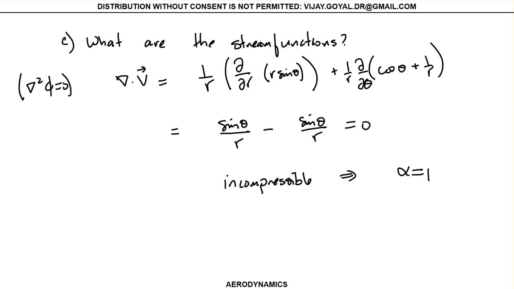Okay, so I really want to find my stream functions. And to find your stream functions, remember we gave in the class notes the following. Since the flow is 2D, I know that one of my stream functions is equal to z, because this is all a function of r and theta.